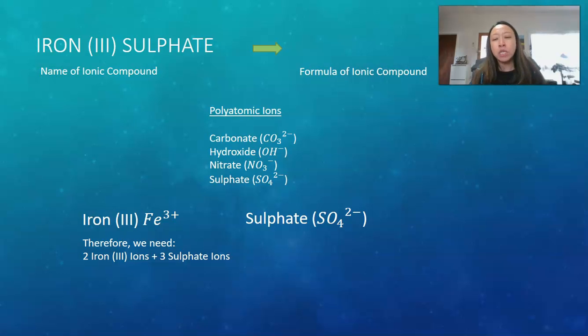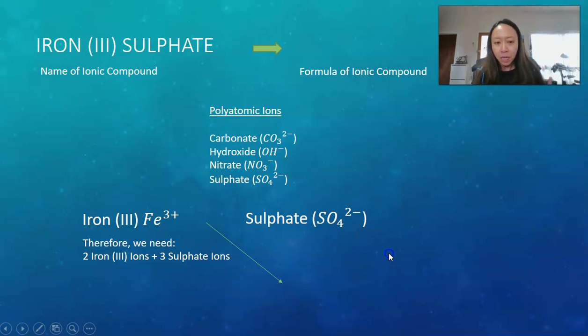The lowest common multiple for 3 and 2 is actually 6, so it means that iron needs to give out 6 electrons. We need 2 iron ions to give out 6 electrons, and we need 3 sulfate ions to receive the 6 electrons, if you know what I mean.